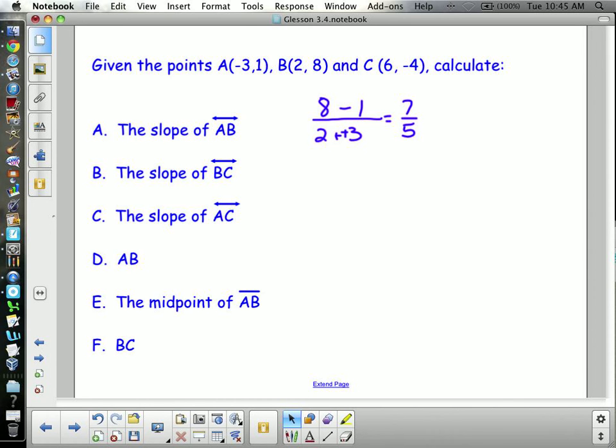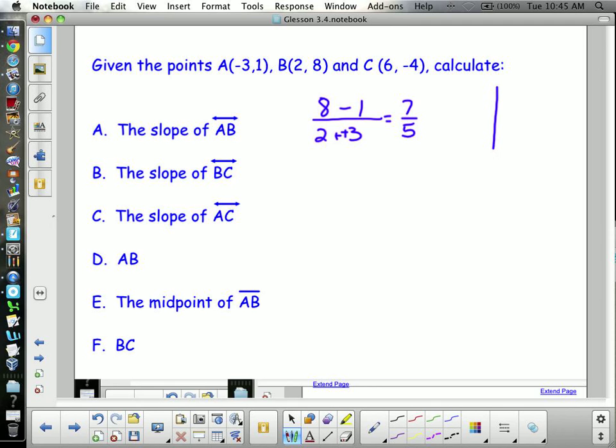Slope often gives us a ratio that doesn't come out to a nice number. That's okay. The slope of that line is 7/5. What does that mean graphically to me? If I'm thinking about that from the picture standpoint, that means it's going up and to the right. It's a little more than a 45-degree angle because the slope of 1 is a 45-degree angle.